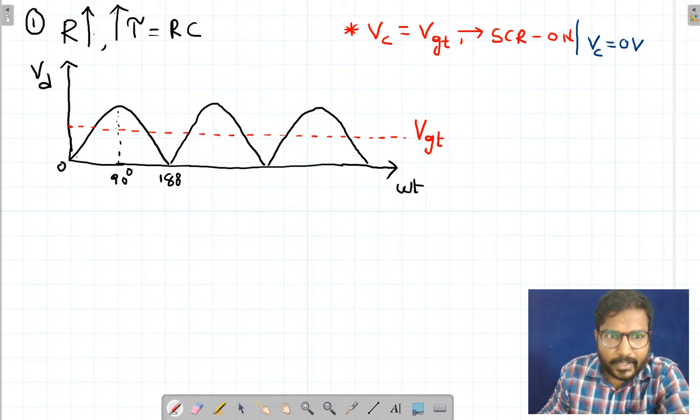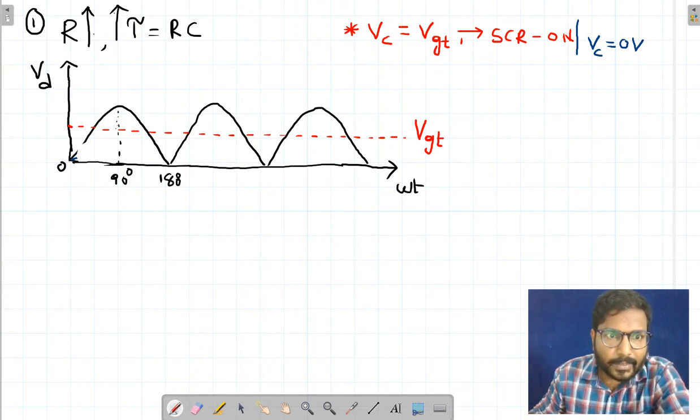The capacitor starts its charging like this.